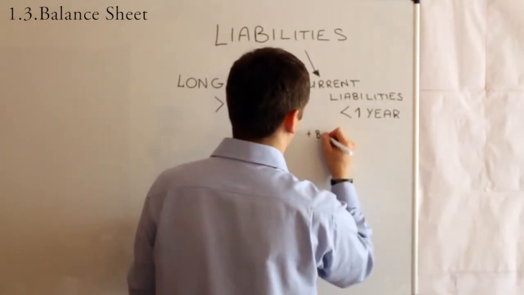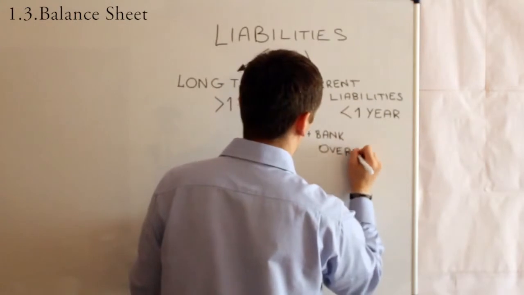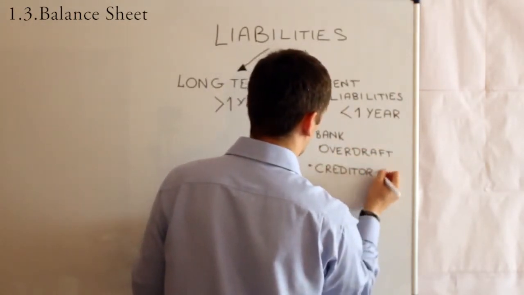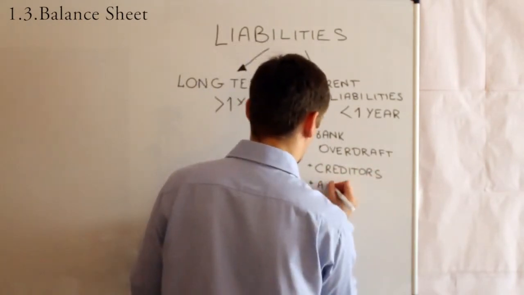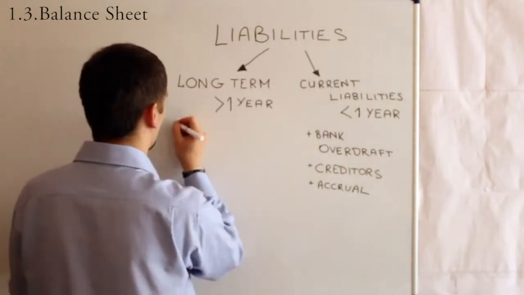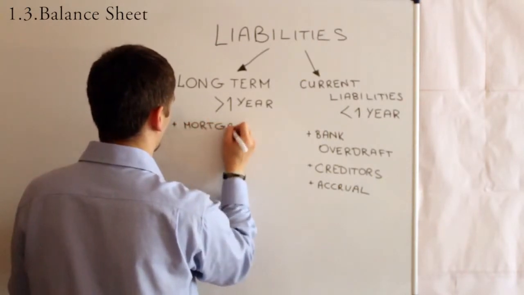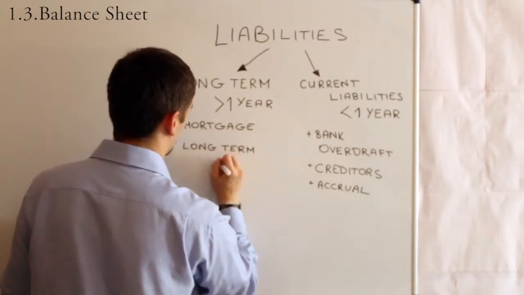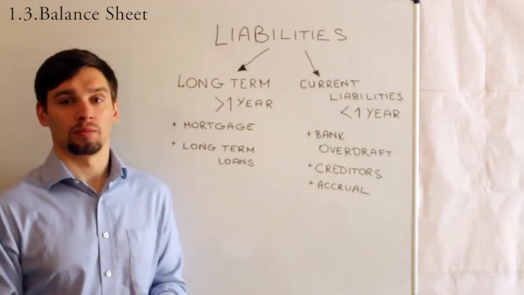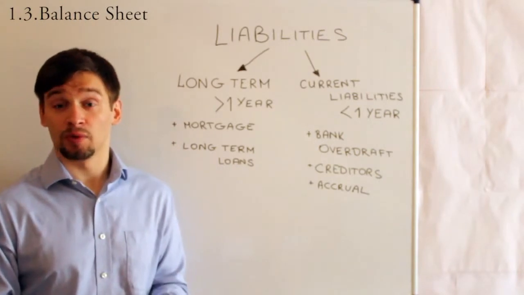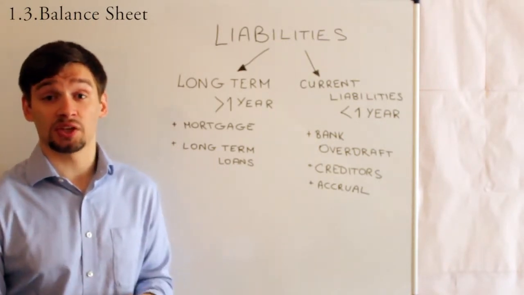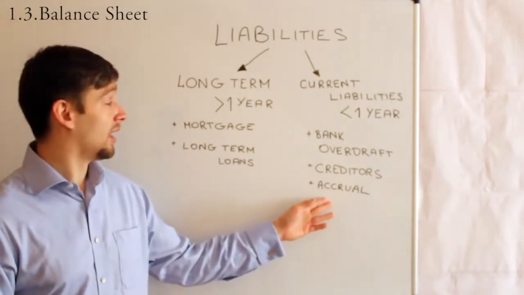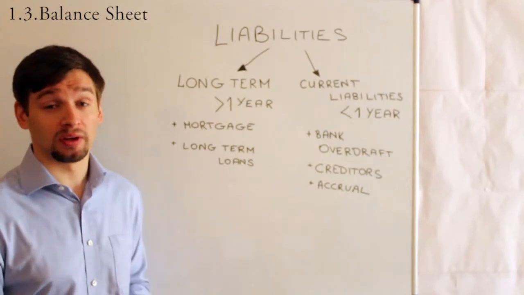Current liabilities will include bank overdraft, creditors, also called trade payables, and accruals. Long-term liabilities will include a mortgage for property as well as long-term loans. Therefore, liabilities fall into the same classifications as assets, those that fall due within 1 calendar year and those that will last for more than a year.